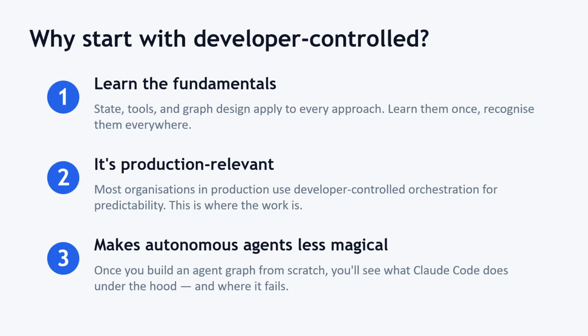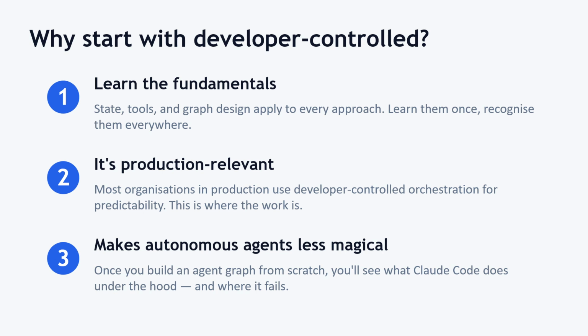You might be wondering, if autonomous agents sound more exciting, why start with LangGraph? 3 reasons. First, state management, tool use, and graph design are concepts that apply to every approach. Learning them in a controlled environment means you'll recognize them everywhere.